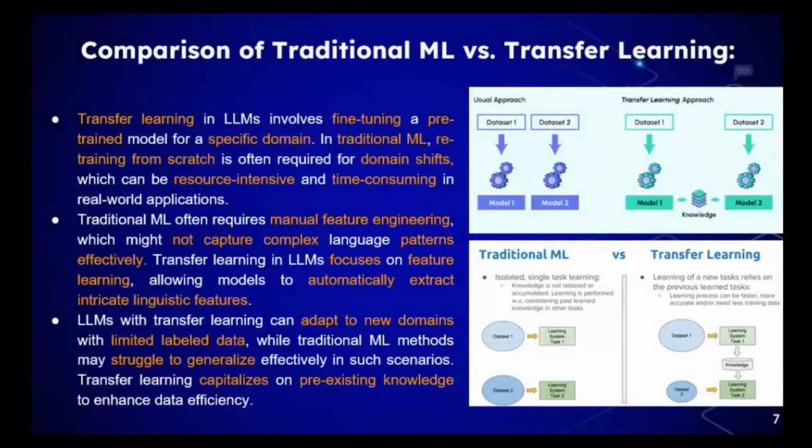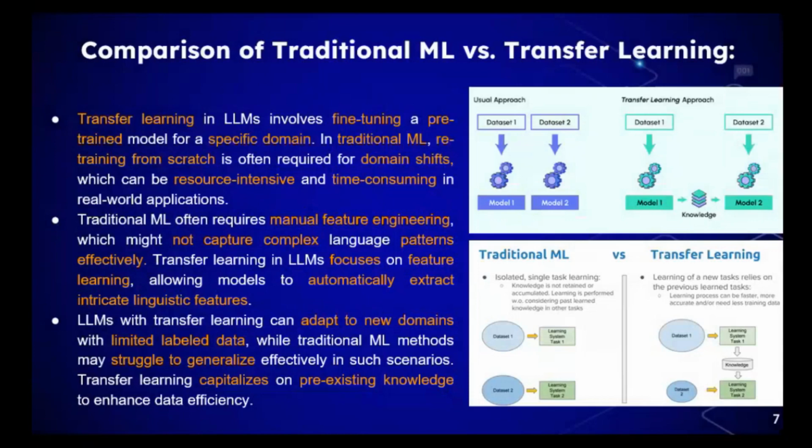Now let's see the comparison between traditional language models and transfer learning. Traditional language model methods are like starting over when you switch among different tasks. Transfer learning is considered somewhat smarter than the traditional language training.